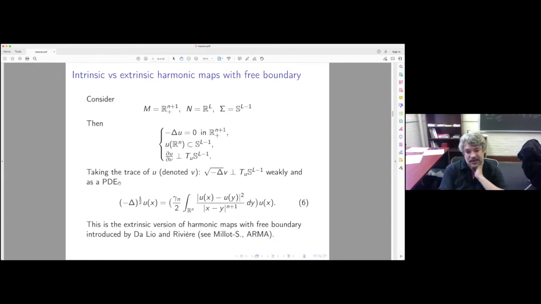Using the harmonic extension, it becomes a harmonic map with free boundary, and this had been studied before, actually. So basically, what I meant to say by this digression, which is not a digression, is that there are always two ways to see harmonic maps with free boundary.